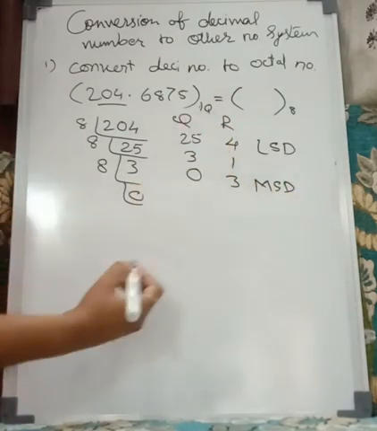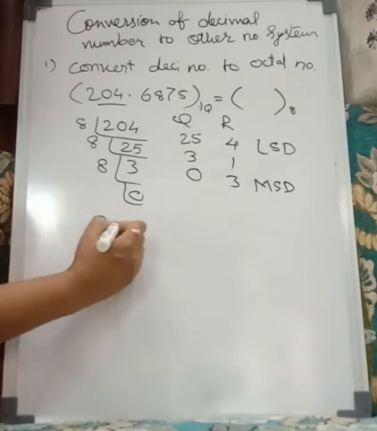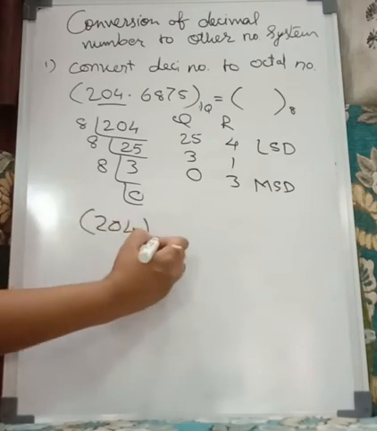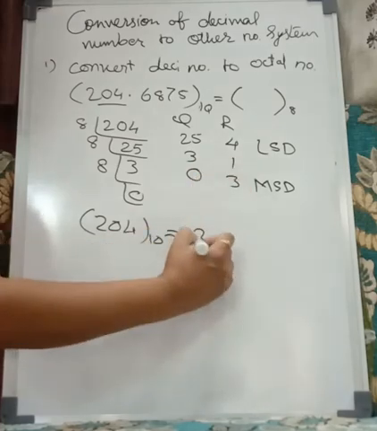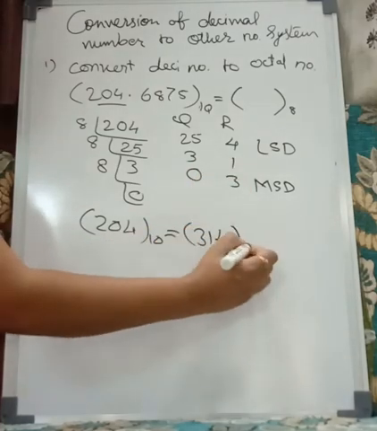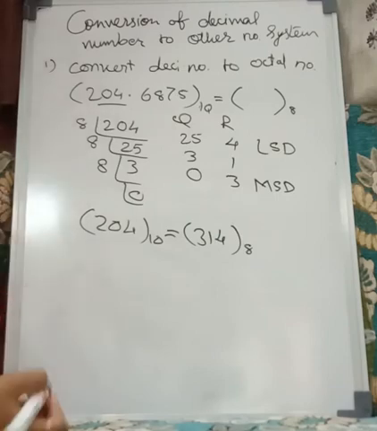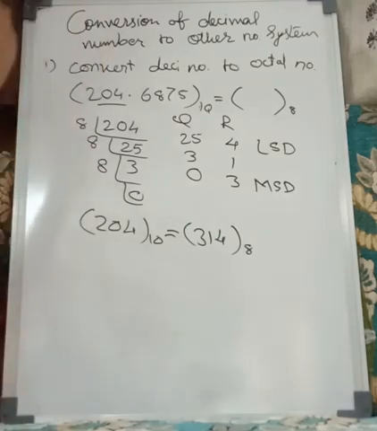So this number will be, 204 decimal is equal to 314 octal.